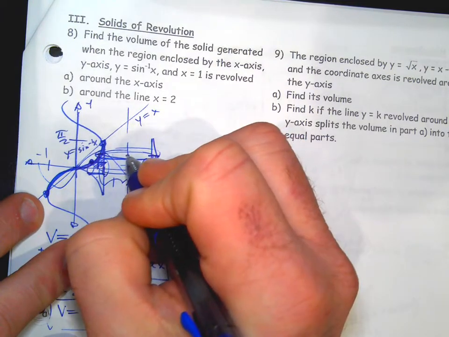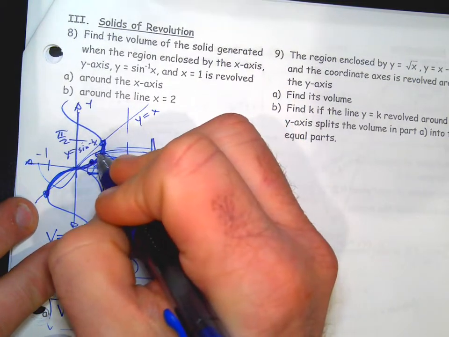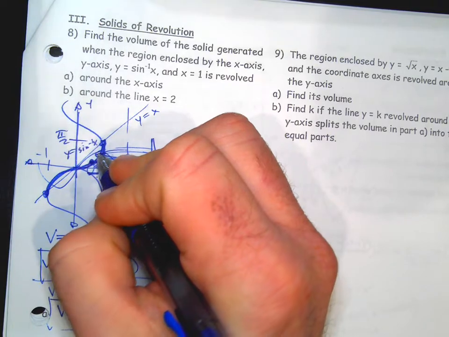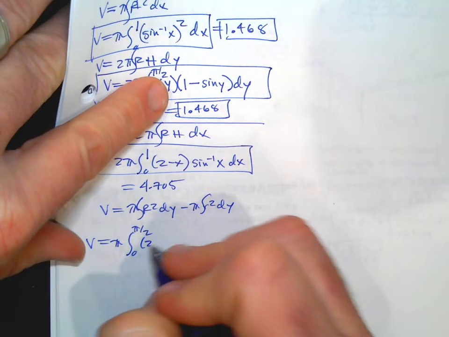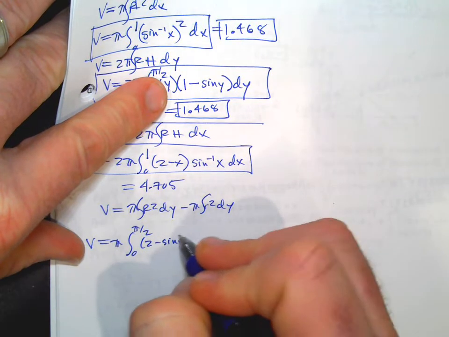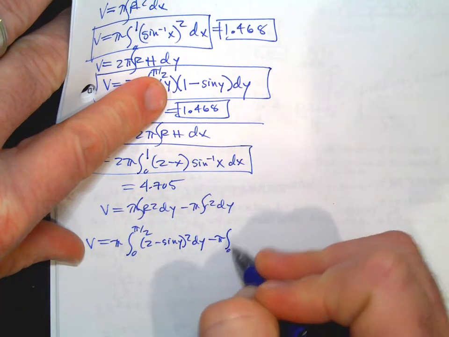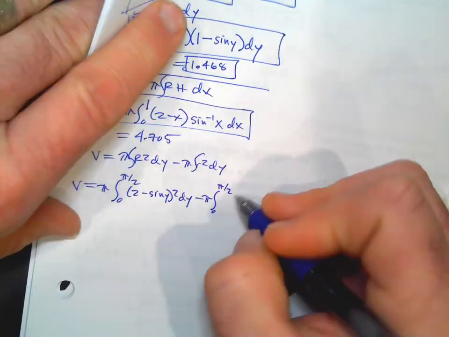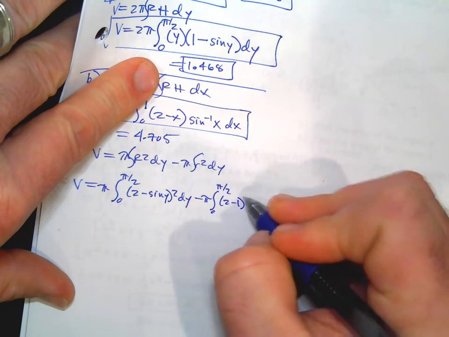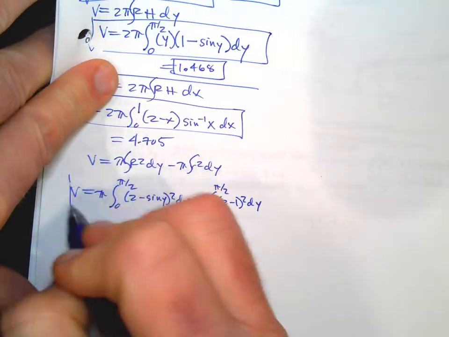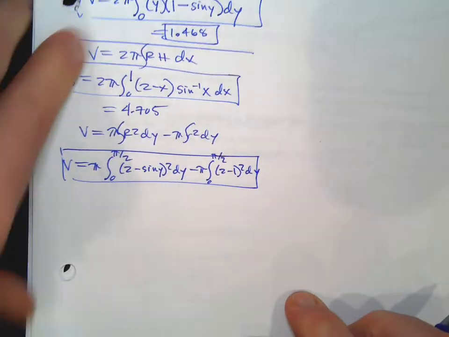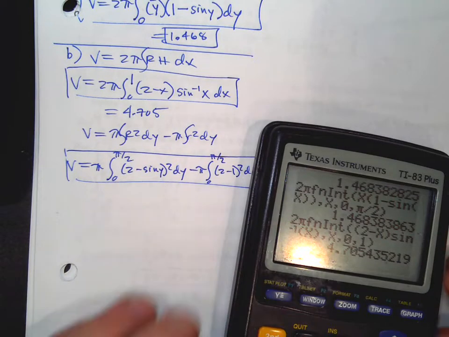The big radius is going to be 2 minus this x left in terms of y, which would be sine y, so it's going to be 2 minus sine y. And then the little radius is going to be 2 minus 1, squared dy. So that's your setup for washers.